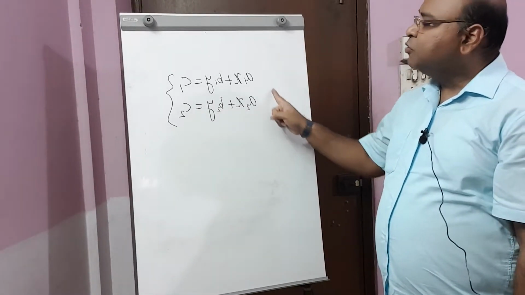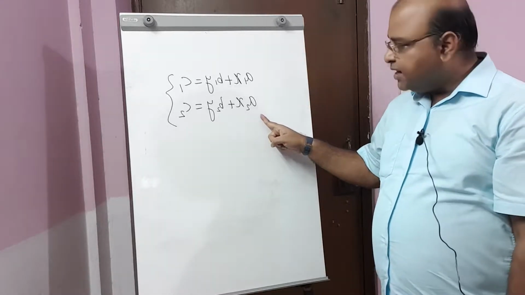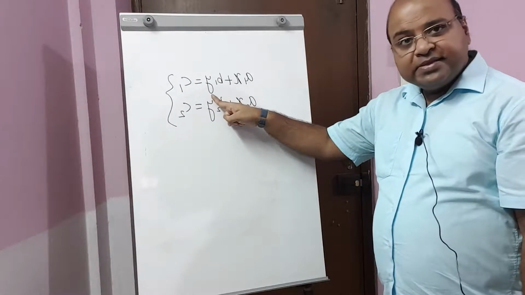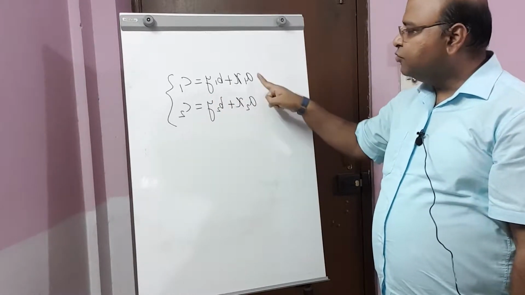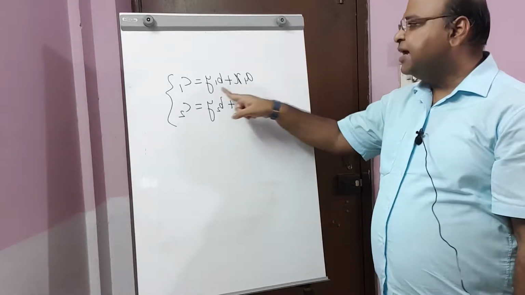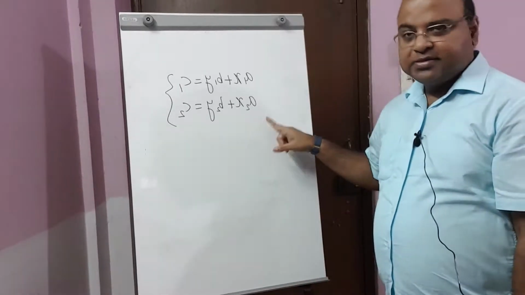Now to find a solution of such a system means to find the values of x and y which will satisfy both the two equations simultaneously. Such values of x and y are said to be a solution to the linear system.